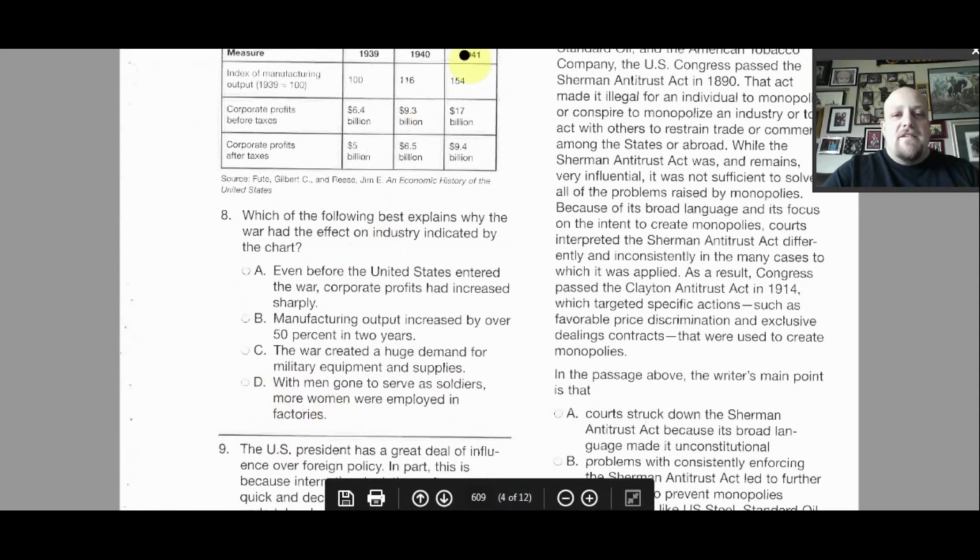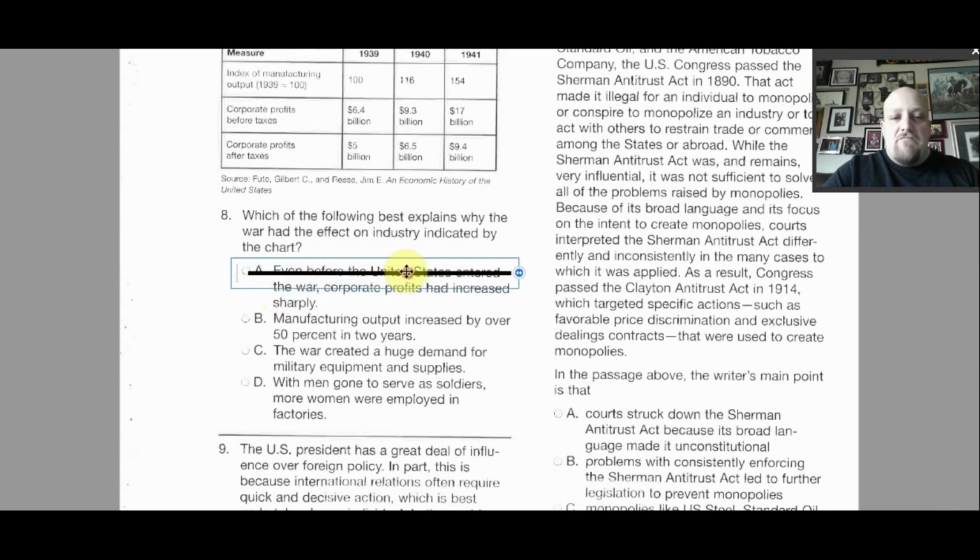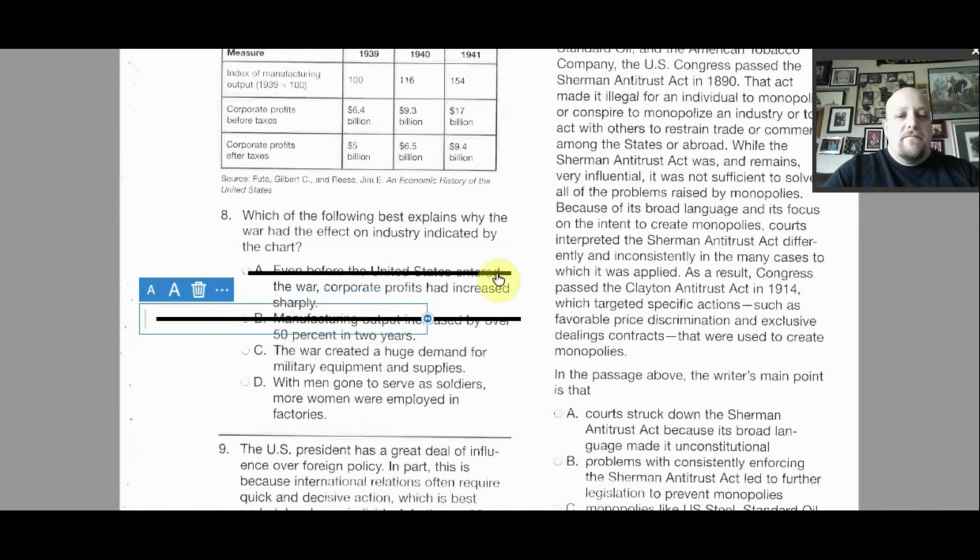Looking at the United States option, I would say that manufacturing output increased, but the information's not there to tell us if that's a true statement. So we go ahead and cross that one out.